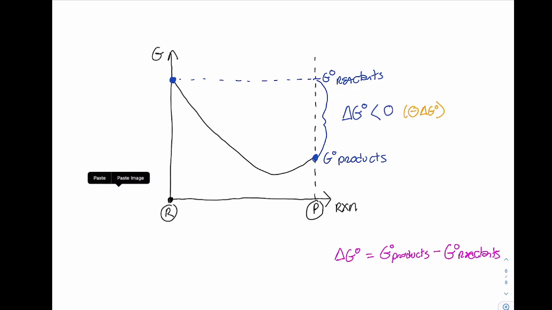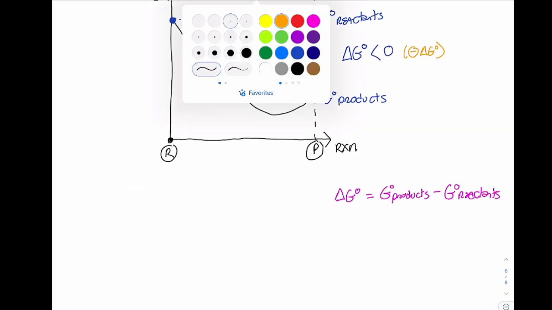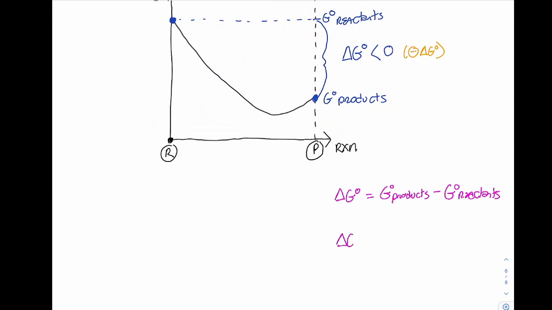And what that tells me, if we go back and look at this equation, times the natural log of K, right? I know that this is a negative value. My products have less energy than my reactants, so when I subtract it, I get a negative value.